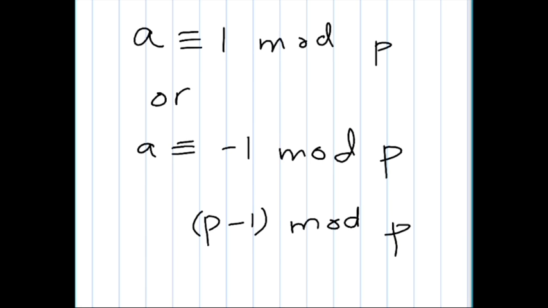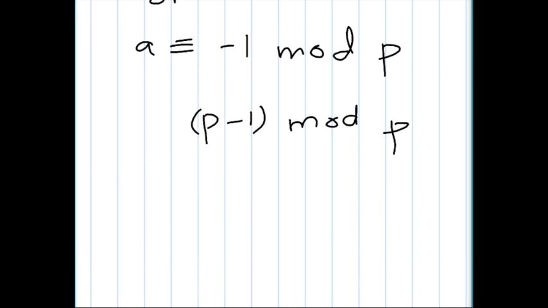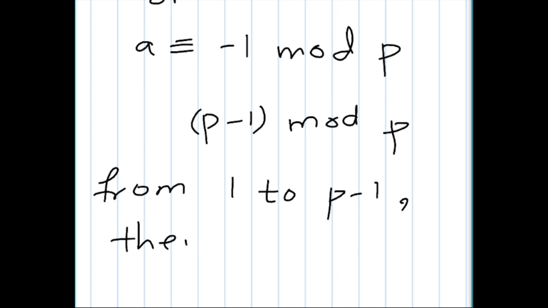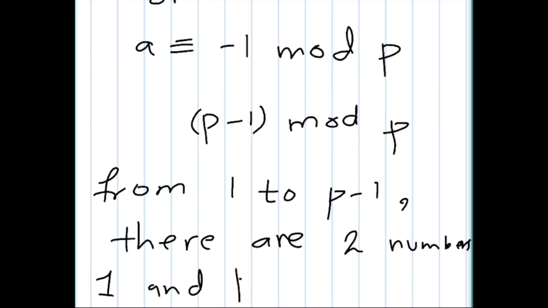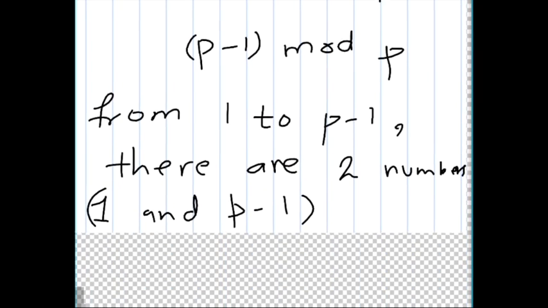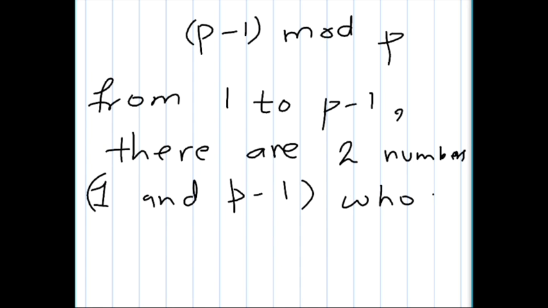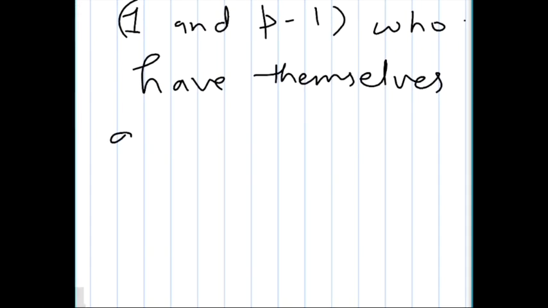So conclusion: from 1 to p minus 1, there are two numbers, which are 1 and p minus 1, who have themselves as their inverse.